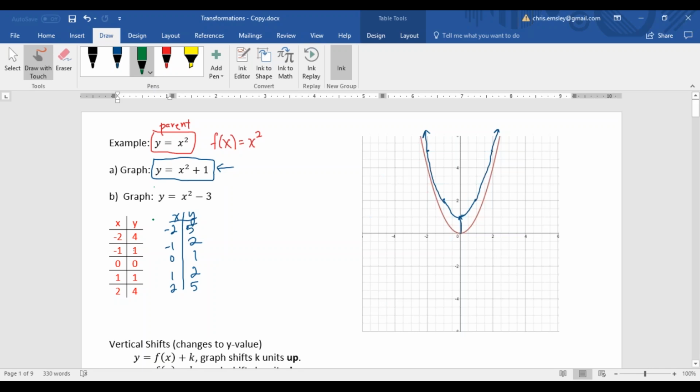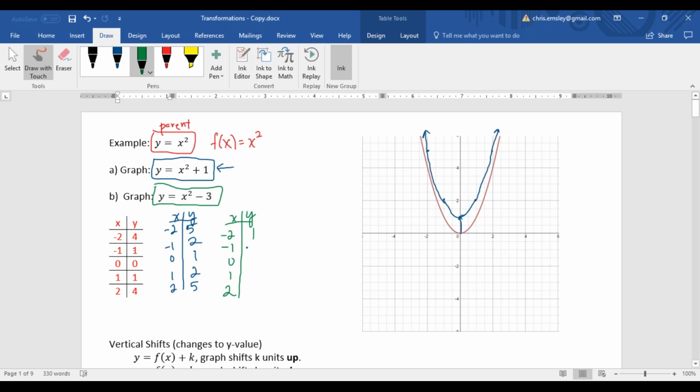So let's compare that to what happens when we take our function y equals x squared minus 3. This time we're subtracting a constant instead of adding a constant. So we make another t-table. And again, negative 2 squared is 4. 4 minus 3 is 1.